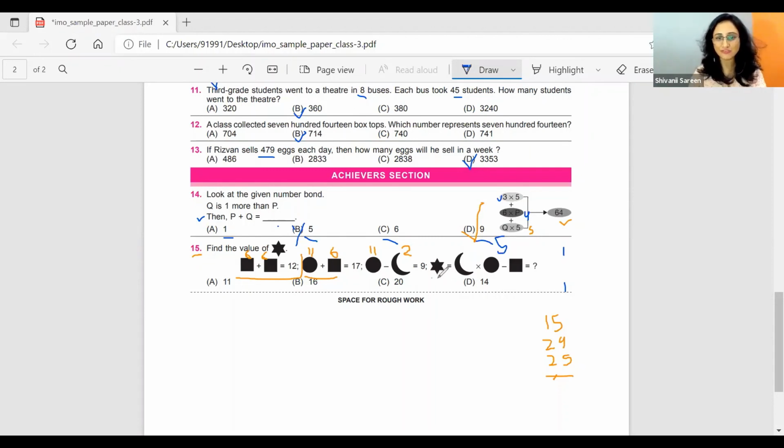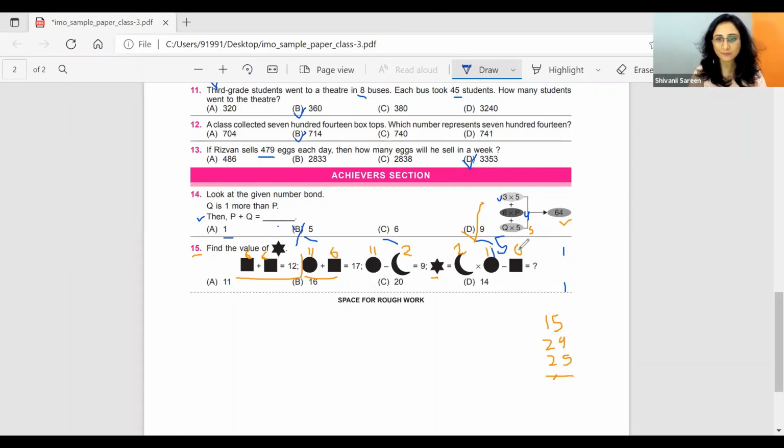Now, the value of star is equal to moon into circle minus square. I know moon is 2, circle is 11, and square is 6.